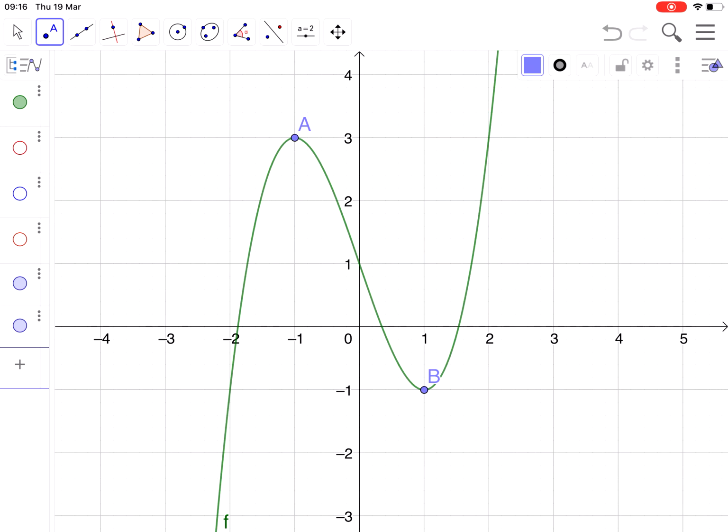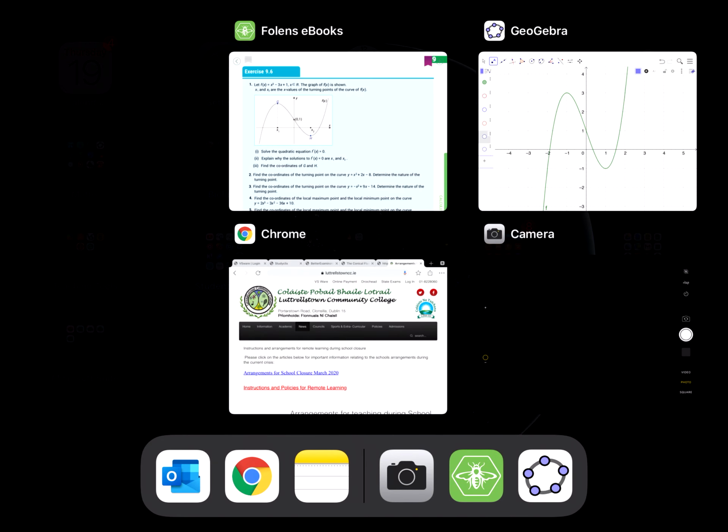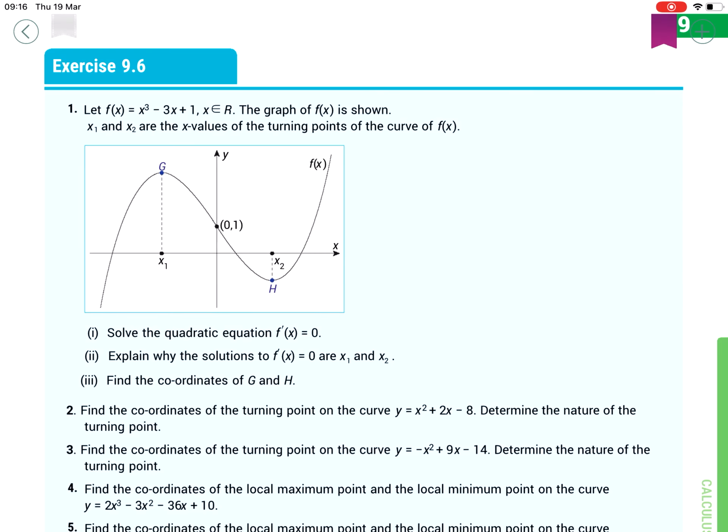So A, as we're looking at it now, is the local max, and B is the local min. Okay, so that's the way that works. Let's get rid of those and we'll go back. So the next bit then, that's part 1 and part 2 done.